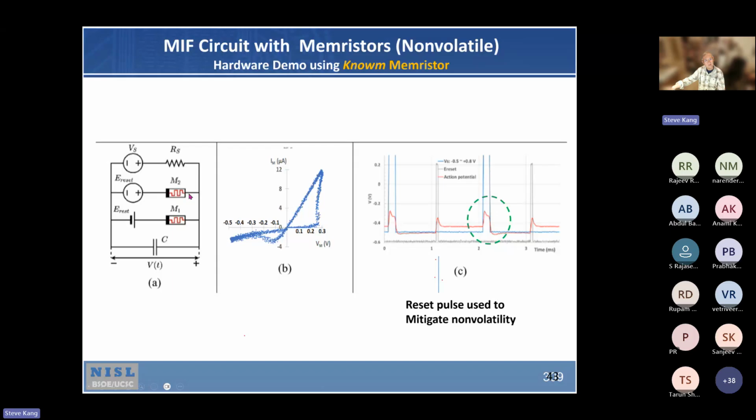And this is a MIF, Memristive integrate-and-fire neuron model. And we were able to produce this sort of action potential. See, look at this. Going up, it comes down, goes below the resting, and then approaches the resting potential, and so on. So that's the exciting aspect of it, right?